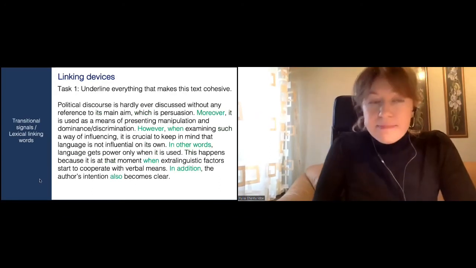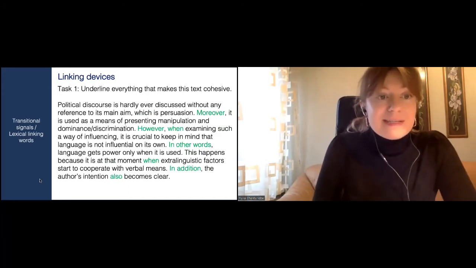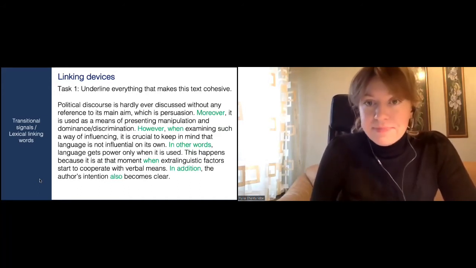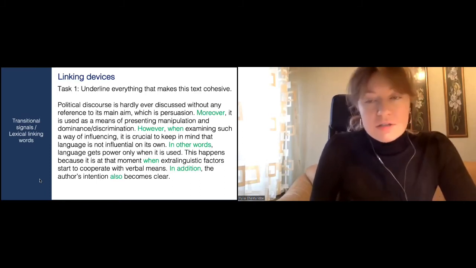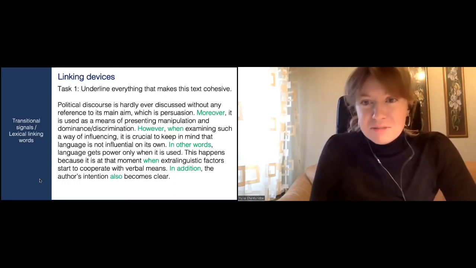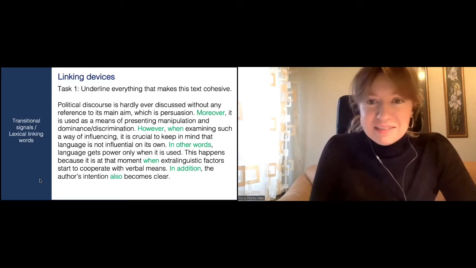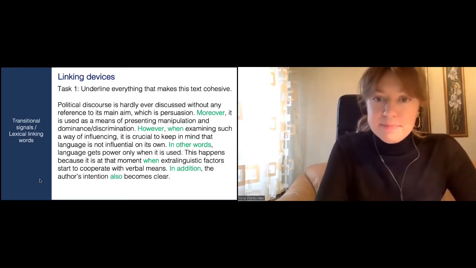Another type is transitional signals, or lexical linking words. I think these are the most frequent ones that we use in our texts, and the ones that we learn starting from school or even earlier. So here they are, and they represent the lexical items that are used to connect ideas.